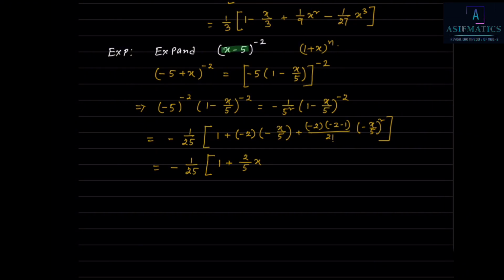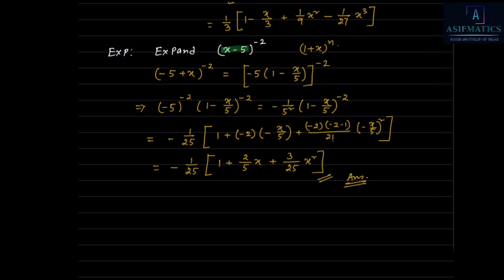So here you will have plus 3, and 5 square will give you 25, and minus x square, so that will be x square. So this will be your final answer for this case.